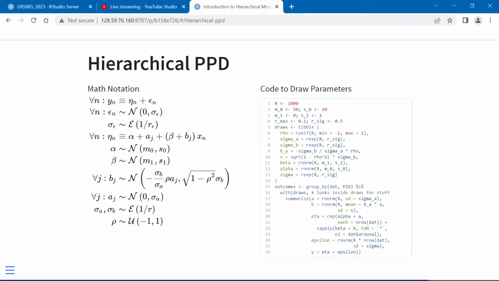And then y is just the sum of eta plus epsilon, like we have at the top there. So it's basically saying when you have this hierarchical structure, each big unit is like a mini population. And then you have to do the A's and the B's and the construction within each big unit, and then ungroup it at the end. So now you have this two-level hierarchical structure.